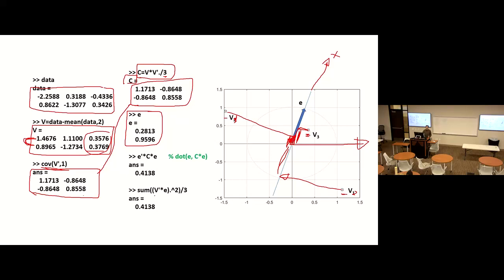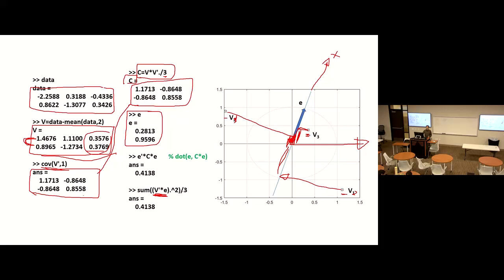How can you compute? You project your data point by multiplying with E. So this is a dot product. That's the length of the projection. That's how long each projection is.